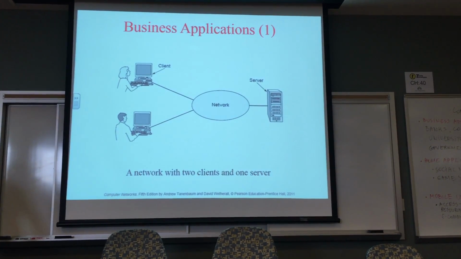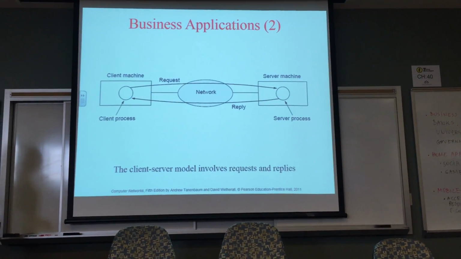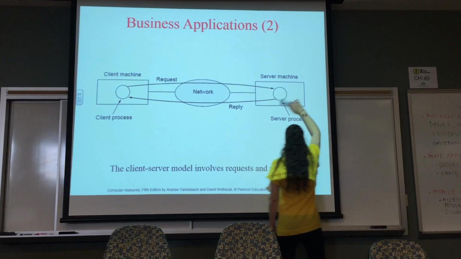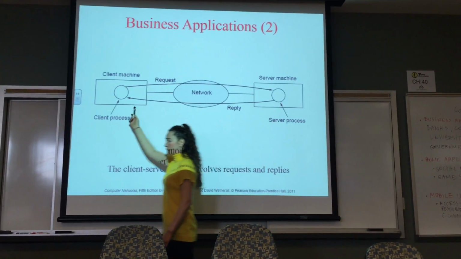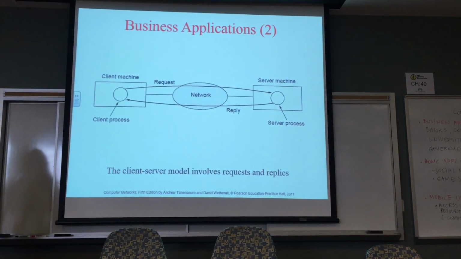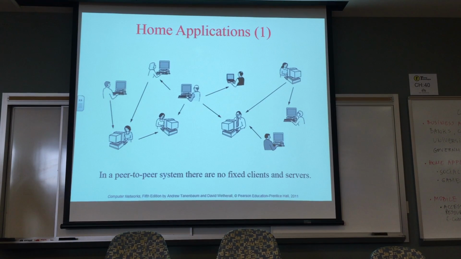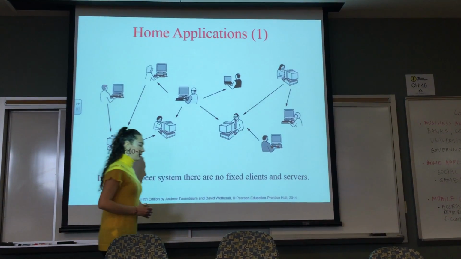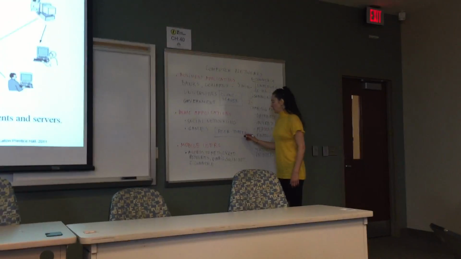So this is a popular model that's used for businesses. The client will send a request to the server through the network. The server will process the request and send the response back to the client. With home applications, we mentioned the home users. Another type of model that they use is the peer-to-peer network.